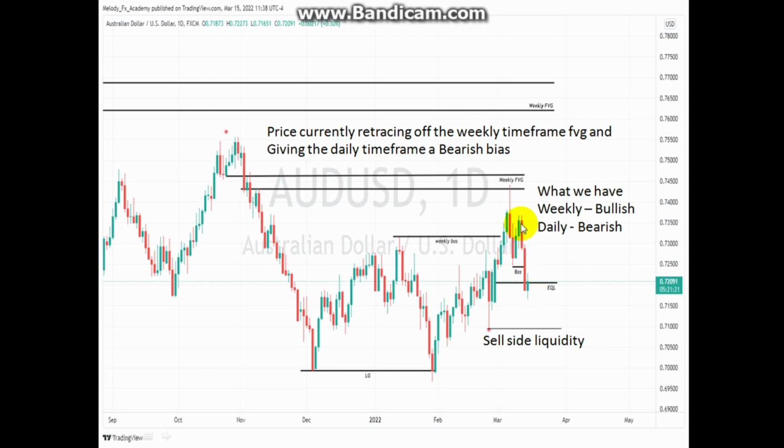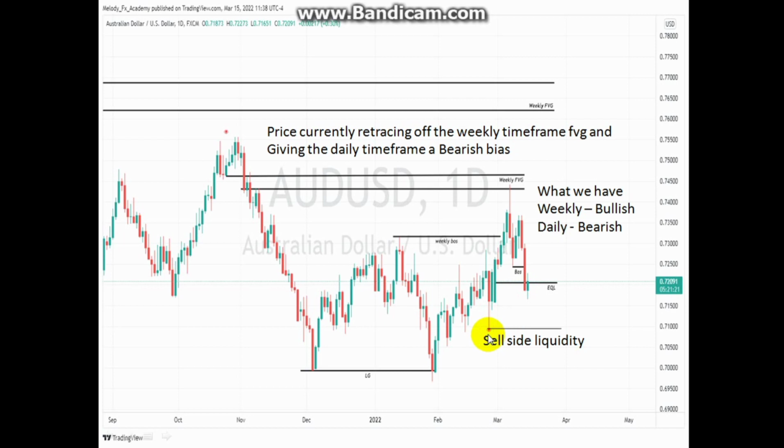So what we have right now is a weekly bullish trend, a bullish bias, and a bearish daily bias. Price has just broken structure on the daily to the downside.